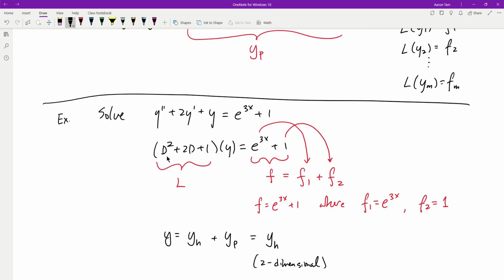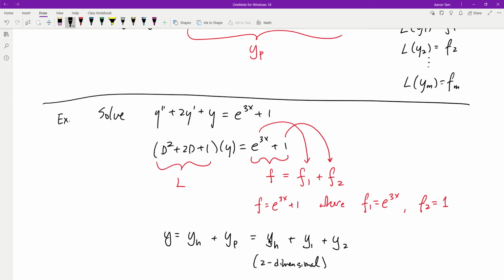Because this is a second order differential equation. Now look at our function f. It is formed by two separate functions, e to 3x and 1. So that indicates we will also have two separate functions, y1 and y2: y1 is the solution for e to 3x, and y2 is the solution for 1.